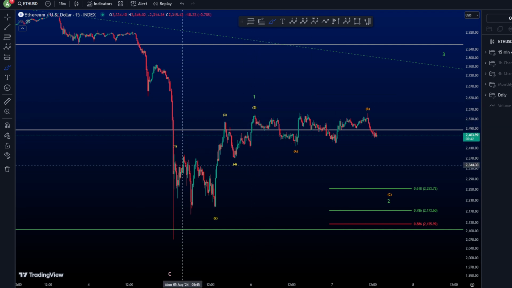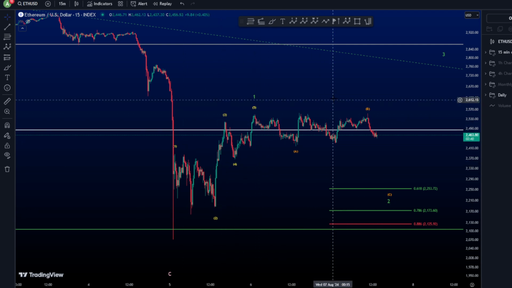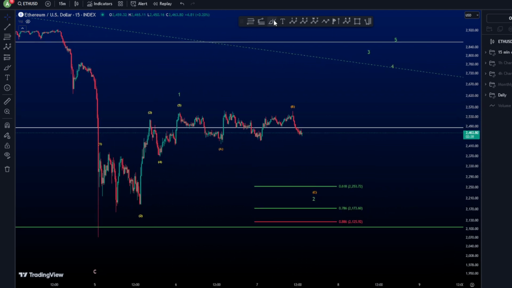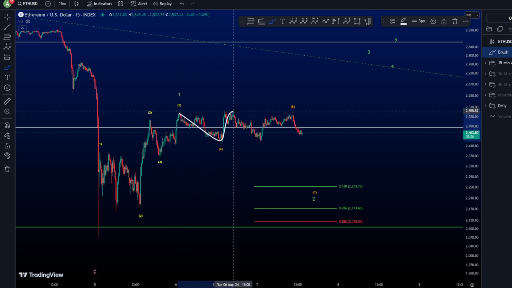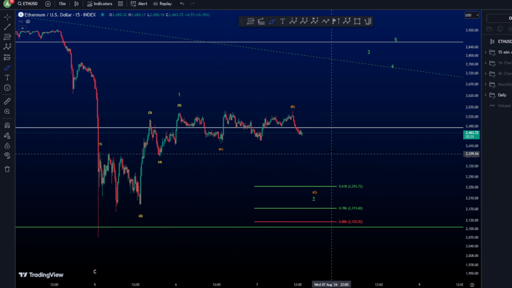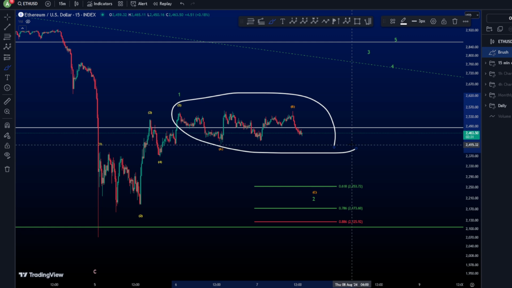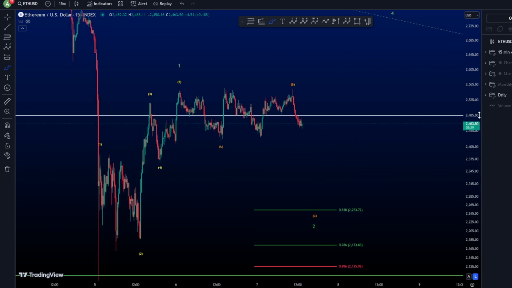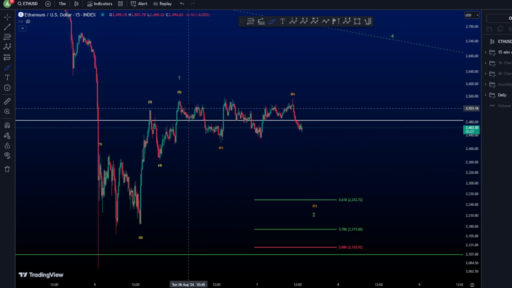So inside this 1, 2, 3, 4, 5, we want to see next 3 corrective waves, right? For a wave 2, A, B, and a C. Now, with this range that is forming here, it's of course a little bit tricky to see exactly what's going on.